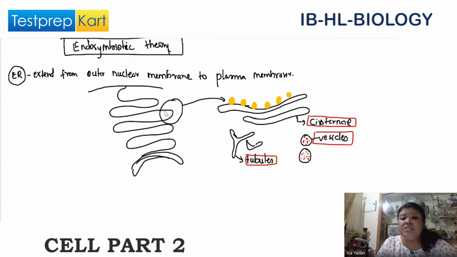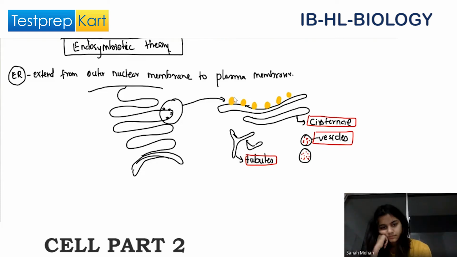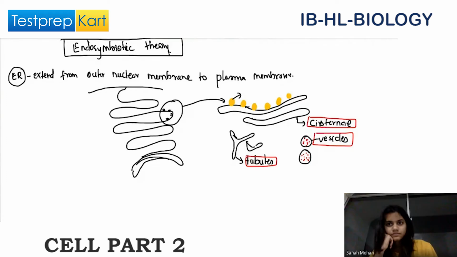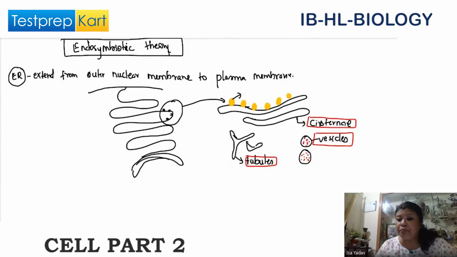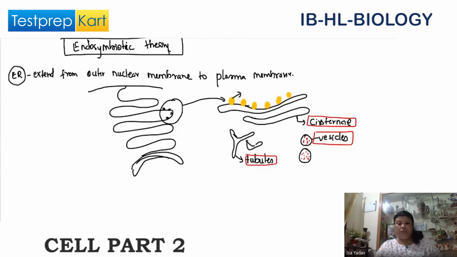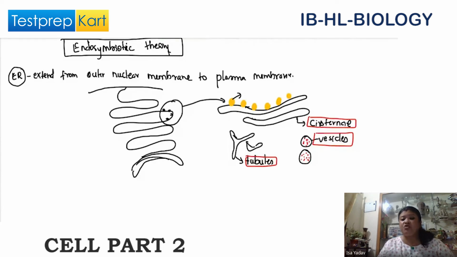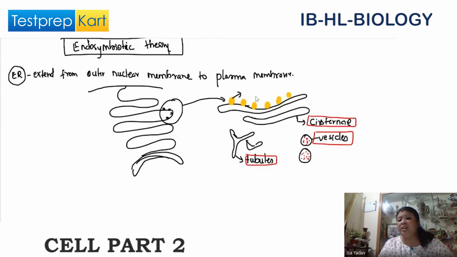When you observe them from the top, you'll find that this endoplasmic reticulum appears to be rough. These grain-like structures are nothing but ribosomes.